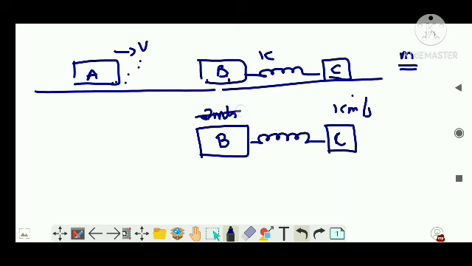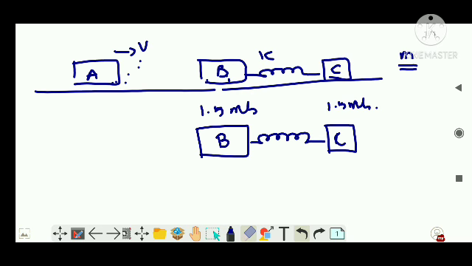Obviously, this push is greater than this pull, so the spring is still compressed. Now let's say the velocity of B is 1.5 meters per second. Here the speed of pulling is also 1.5 meters per second. So here there is a pull, here there is a push. The spring is not going to compress further.